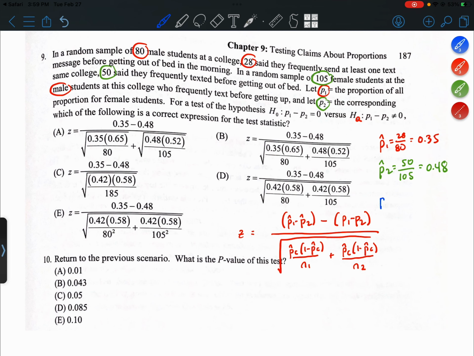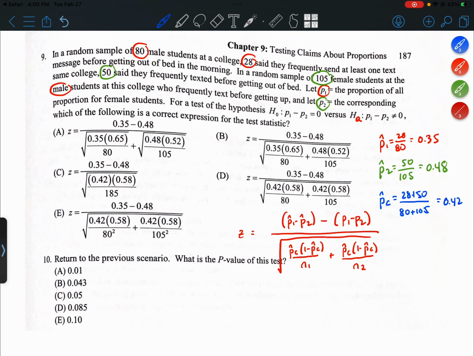Okay, and then the combined proportion is going to be 28 plus 50 out of 80 plus 105. Okay, 28 plus 50 out of 80 plus 105 is 78 out of 185, which is about 42%.